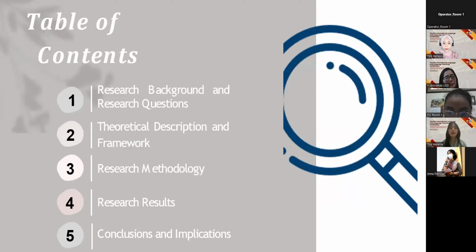The next one is the table of contents. In this presentation, there are 5 parts. The first one is research background and research questions. The second is theoretical description and framework. The third is research methodology. The fourth is research results. And the last one, we will discuss conclusions and also the implications.